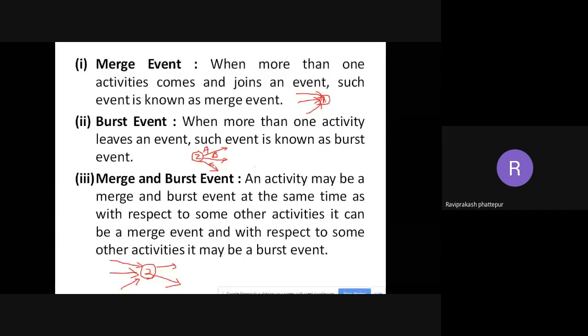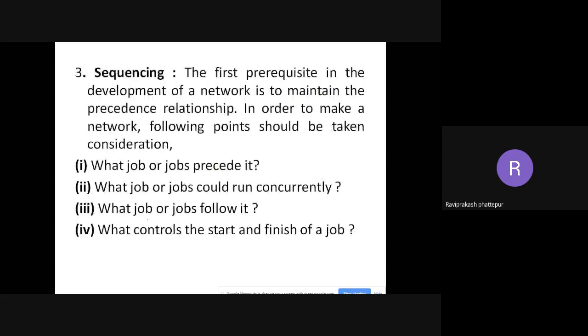So for example, if I give you A, B and C, and this is D and this is E, the precedence for D will be A, B and C. After A, B and C only I can go with D. The same thing with E. E also will have A, B and C. After A, B and C, only then can E continue. So this is how the precedence relationship works.